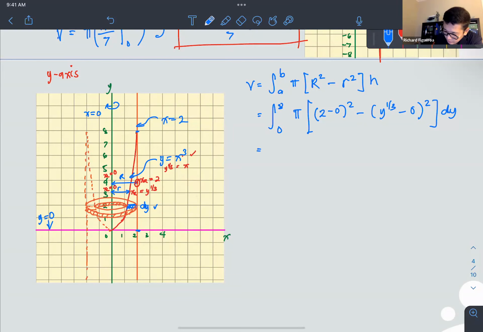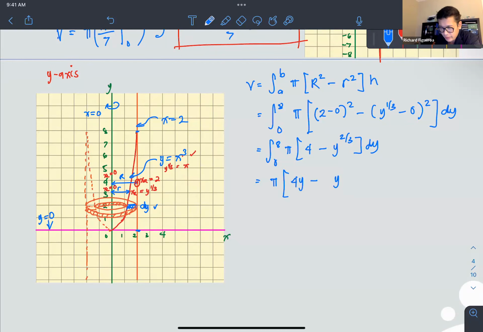So we just simplify this one. So pi. 2 squared will be 4 minus y raised to 1/3 raised to 2, that is y raised to 2/3 dy. So we integrate 4 with respect to y. So 4y minus y, power rule, 2/3 plus 1, 5/3, divided by 5/3, that makes it multiplied with 3/5.